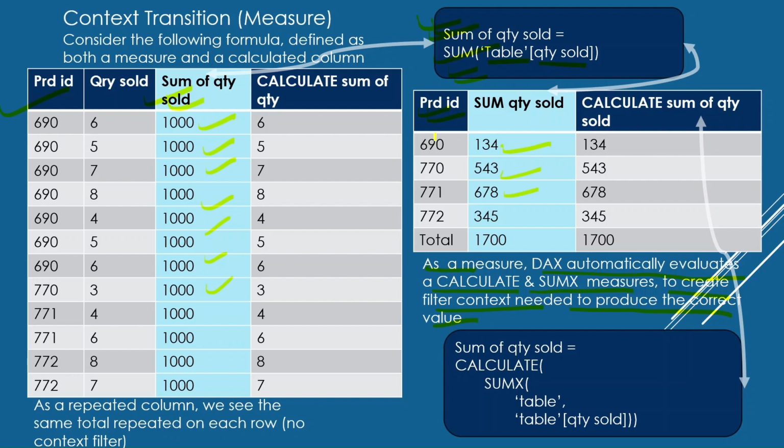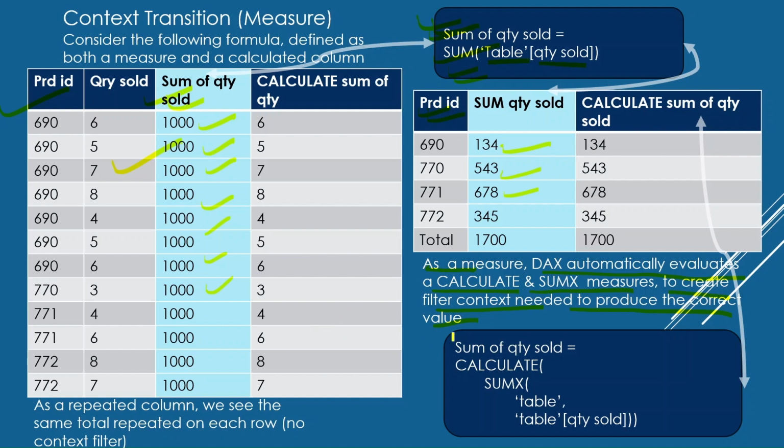So whenever we write sum or calculate in a measure, the measure will automatically create a filter context out of it. But in the calculated column, the filter context will not automatically be transitioned.